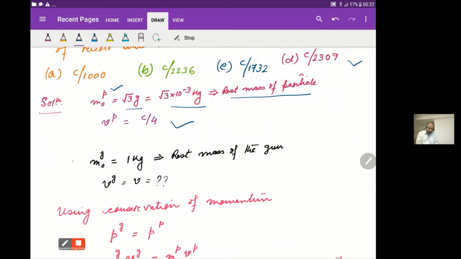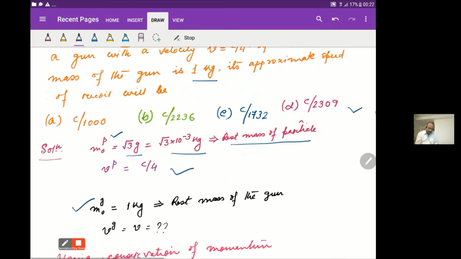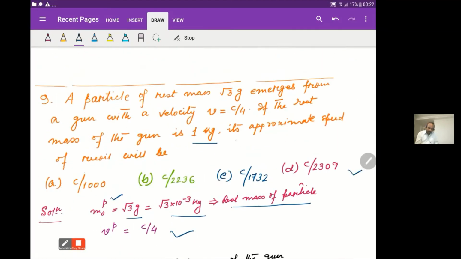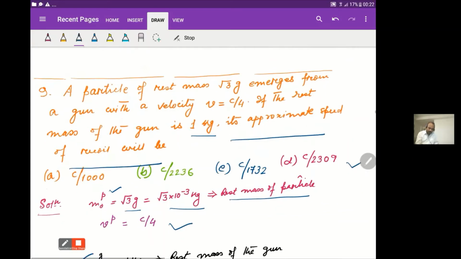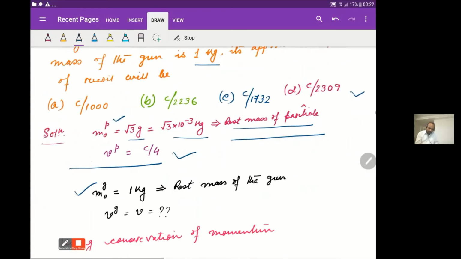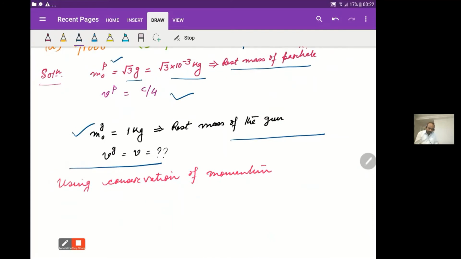Rest mass of the gun is 1 kilogram, and we have to find out the recoil velocity. Its approximate speed of recoil will be. So we have to find out the value Vg, which we can write as V.